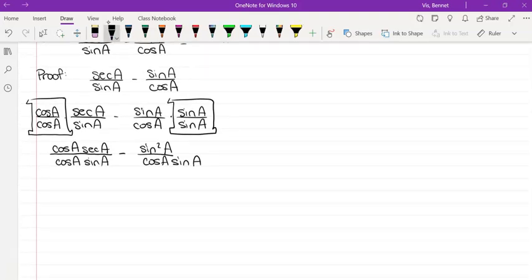Here I'm going to combine them now because I have these fractions with a common denominator. And I'm going to take 2 steps at once. I know cosine times secant is 1. Right, and I'll justify that right away. That is a reciprocal property that lets me say that.